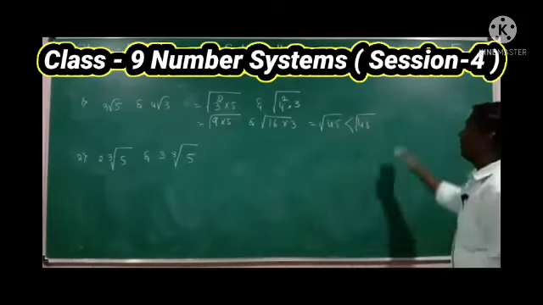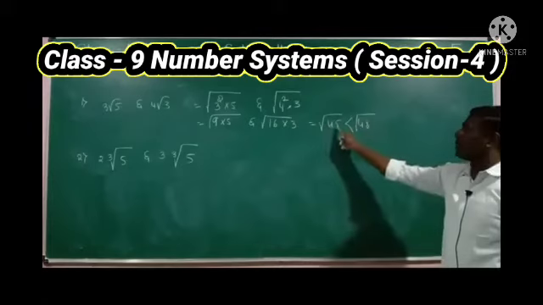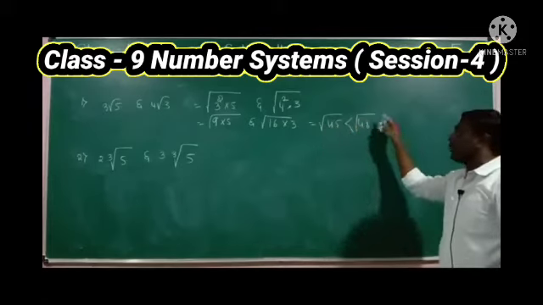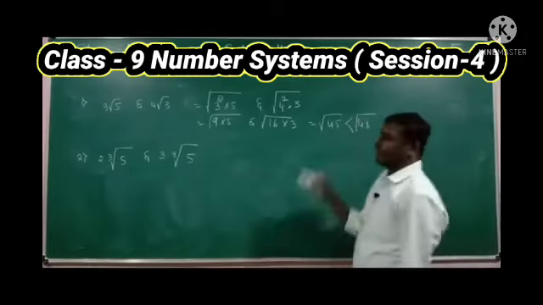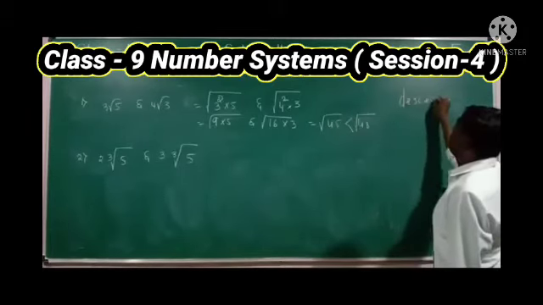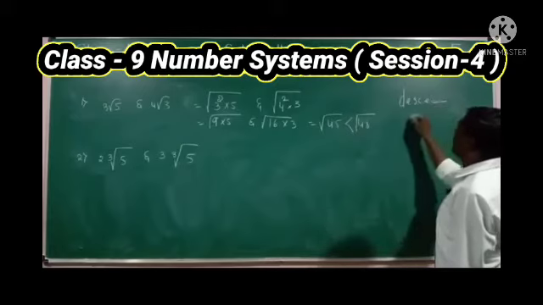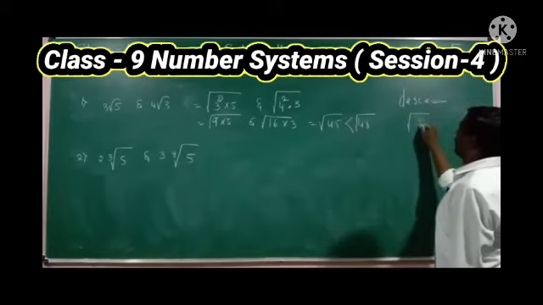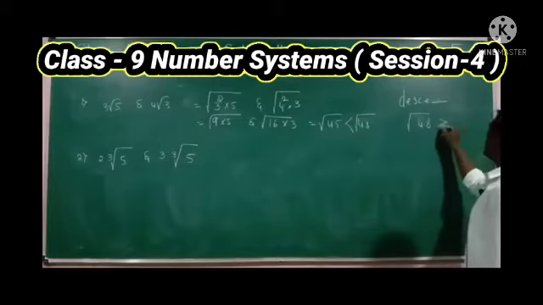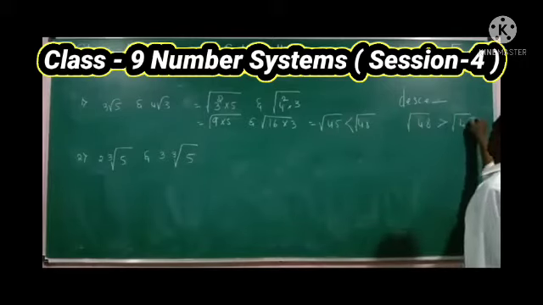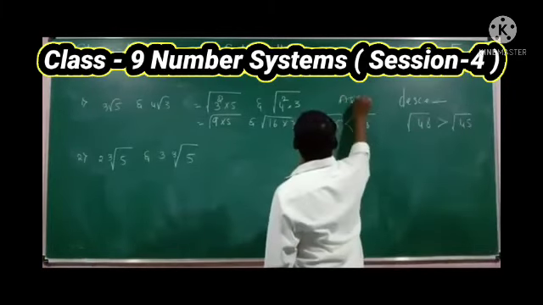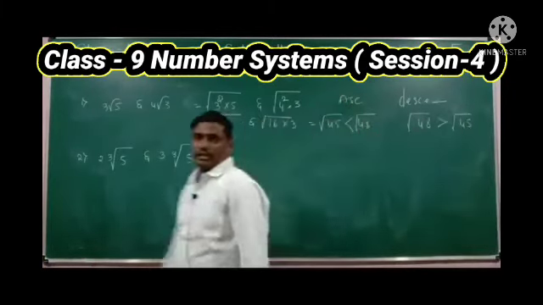Root 45 is less than root 48. Okay, so it is already in the ascending form. And how can you write the descending form? Descending form is root 48 which is greater than root 45. So this is the ascending form, and this one is the descending form.